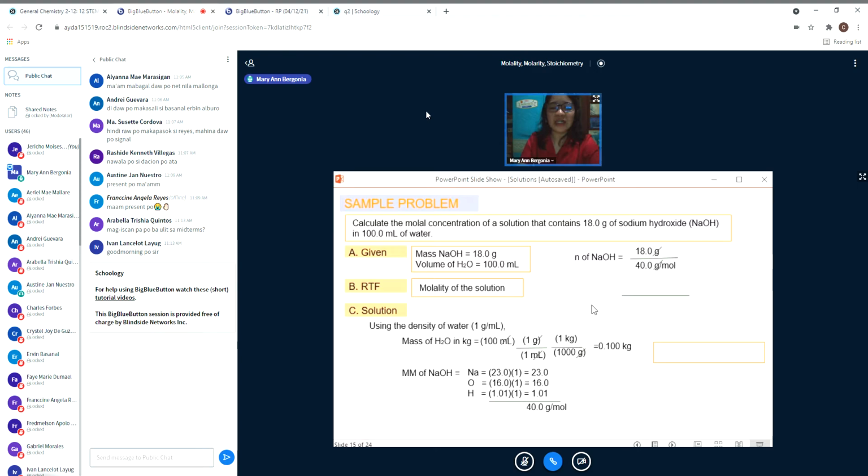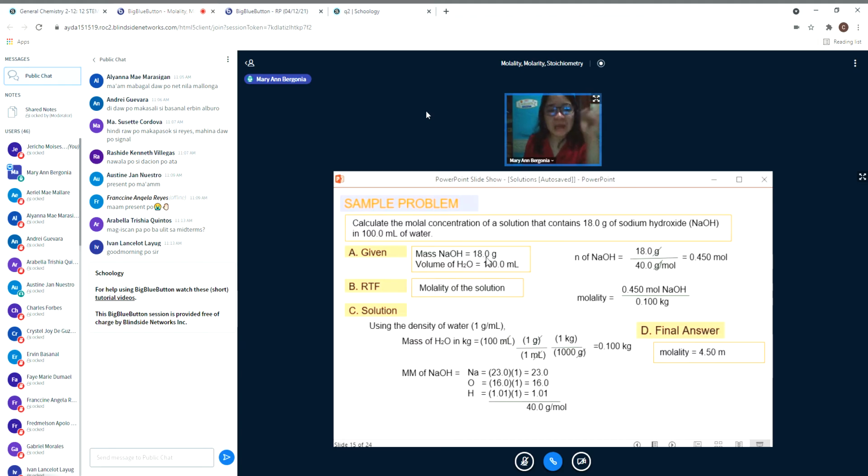So, bakit daw hindi 4SF to final answer natin dito? Kasi po, tatandaan natin, ang kukunin natin ay yung may pinaka-mababa na significant figures. So, dito sa given natin, 18.0 at 100.0 ml, ang may pinaka-mababang significant figure ay 18.0.